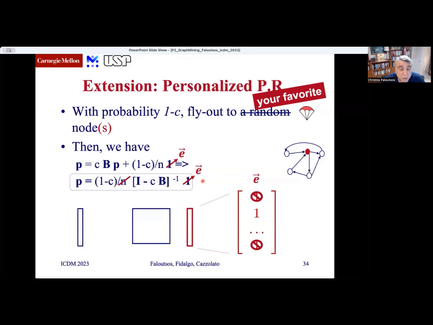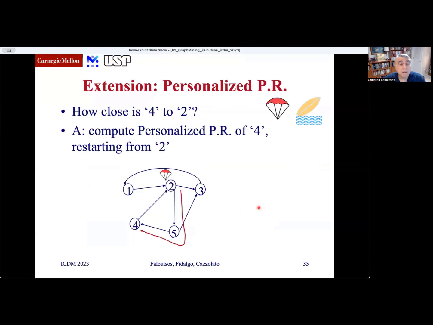Mathematically, this means that we have exactly the same equation we had before. We have to adjust a few things here, but the main idea is that this vector, instead of being full of ones, which means every node is equally probable as a restart target, has only the desirable node as a restart target. And so this is very well understood, very easy to compute, right?